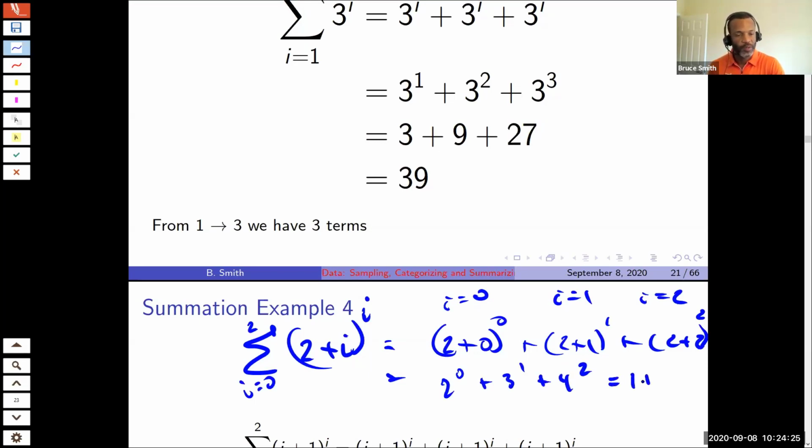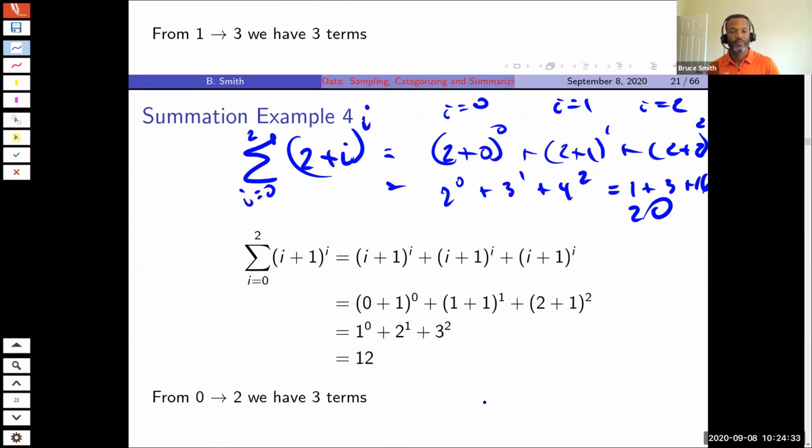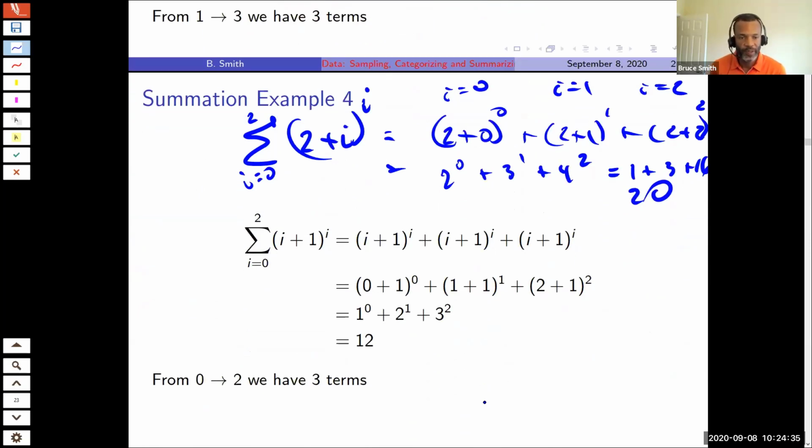It looks like it's a 1 plus 3 plus 16. It should be a 20. There's another example that's here that you can see that's similar, where it goes from 0 to 2 again, 0, 1, and 2, and then just go ahead and plug in i where it needs to go.